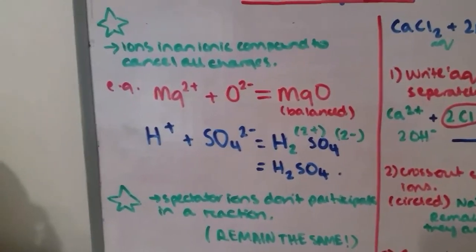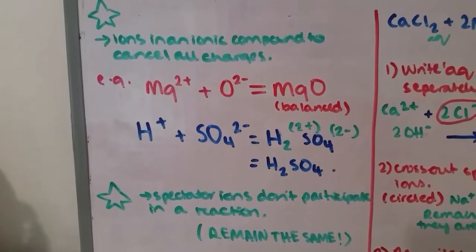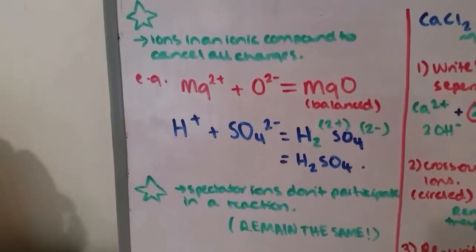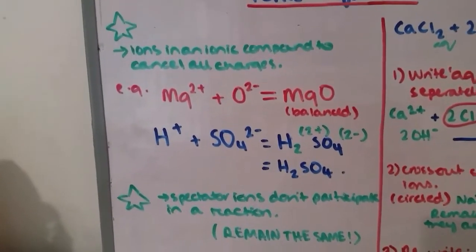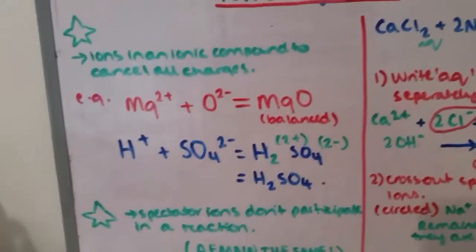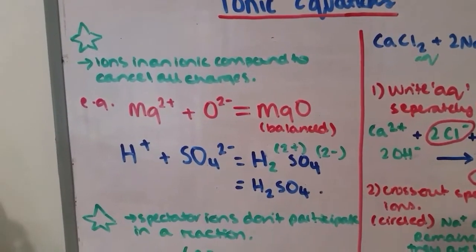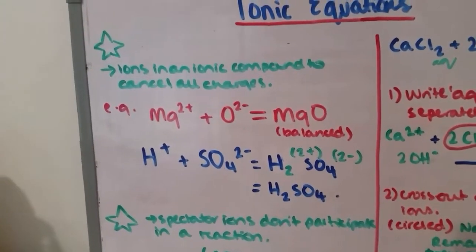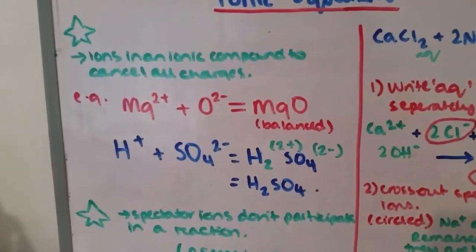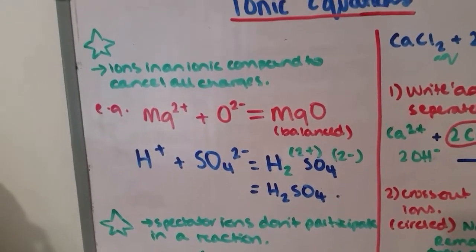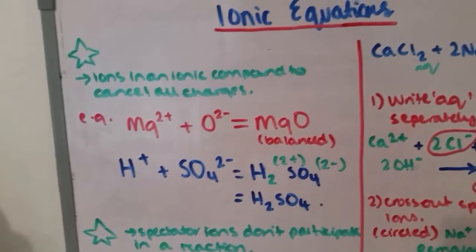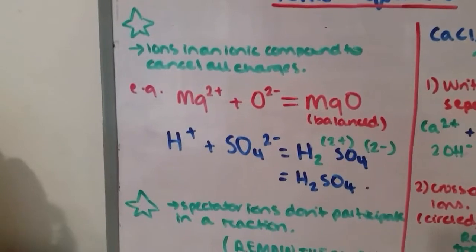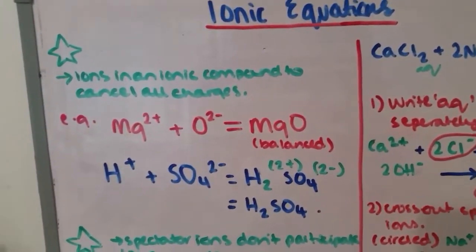For example, you have Mg2+, so the charge of the magnesium ion is 2+. You also have oxygen, so the charge of the oxygen ion is 2-. So when you want to make the ionic compound magnesium oxide, you need to make sure that the charge of the magnesium and the charge of the oxygen balance.